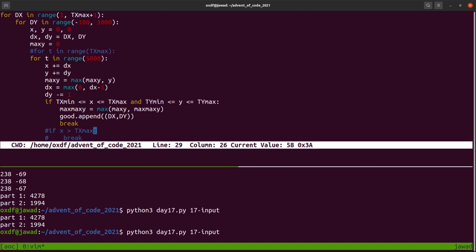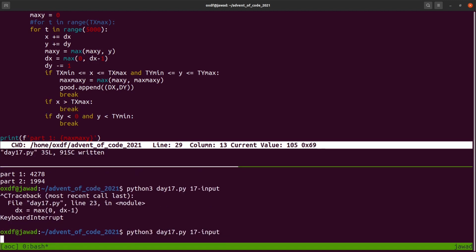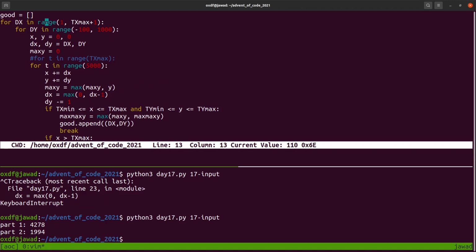Even if we come back up here and put these brakes back in, let's see if that makes it much faster. Still, having that T range, that was better.